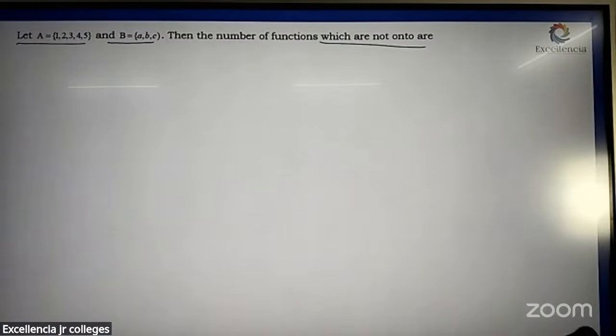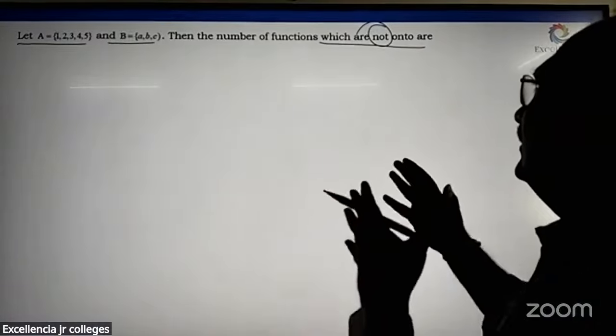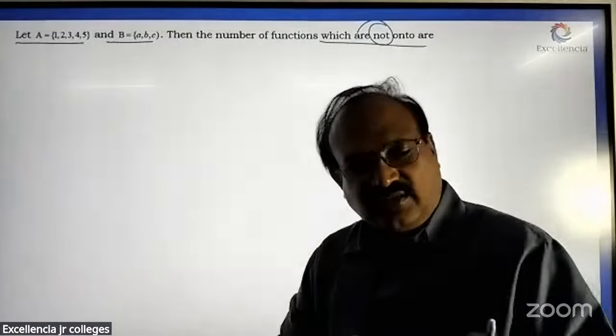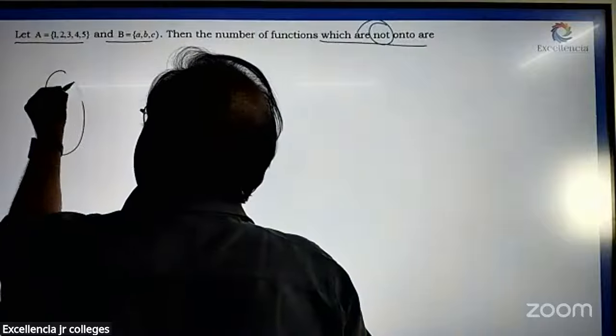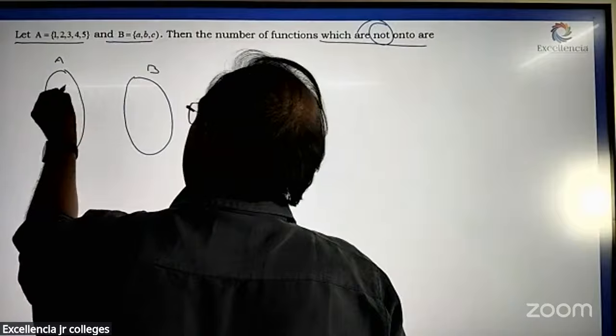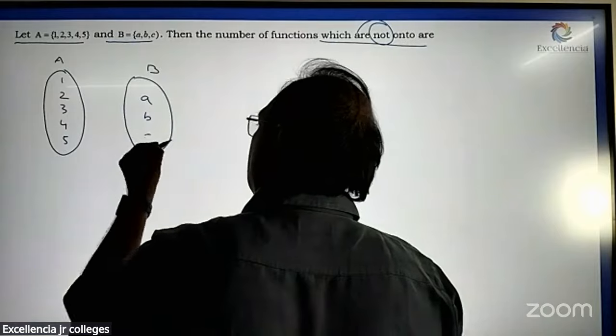Generally the student will miss this while reading. Generally he will see the number of functions which are onto functions. Already you learned. Suppose the first set contains 5 elements. Here this is set A, this is set B. Set A contains 5 elements, set B contains only 3 elements.